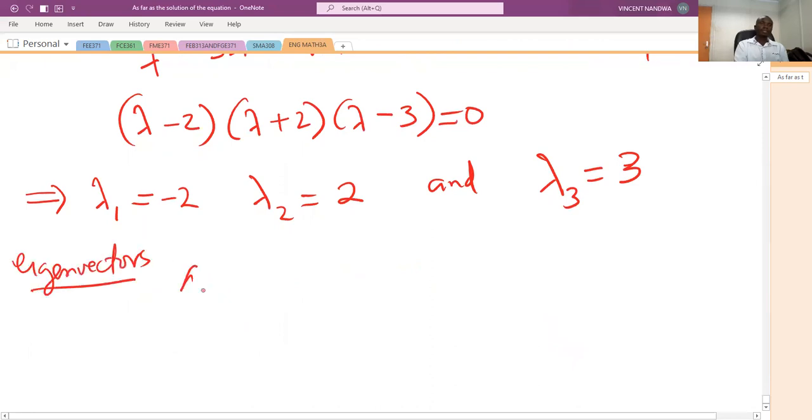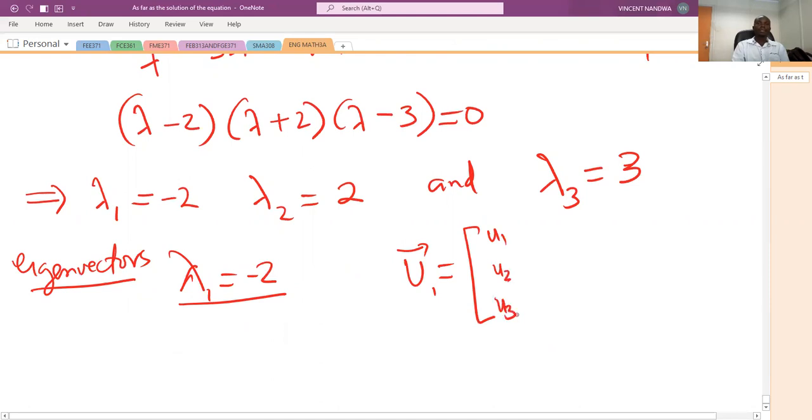So next, eigenvectors. For the first eigenvalue, negative 2, expect the vector to be of the form u1, u2, u3. So this equation must be satisfied.